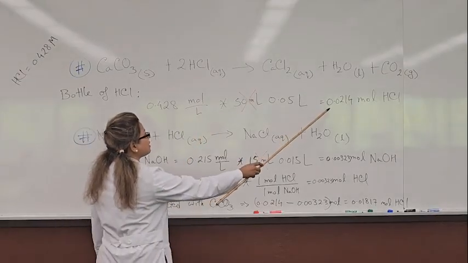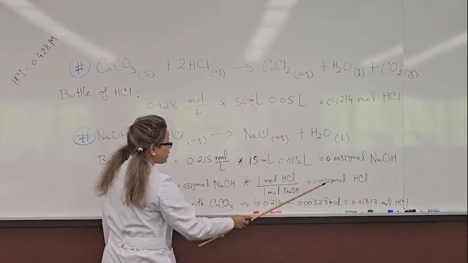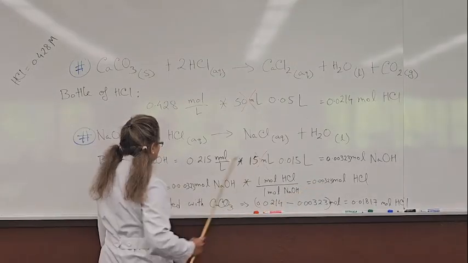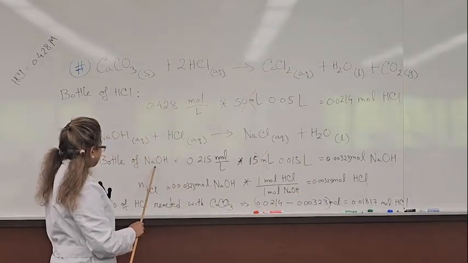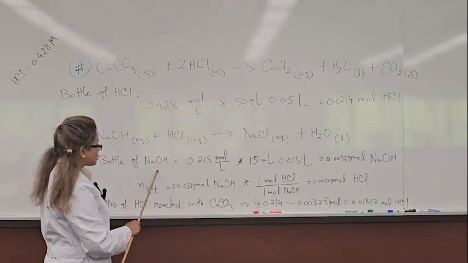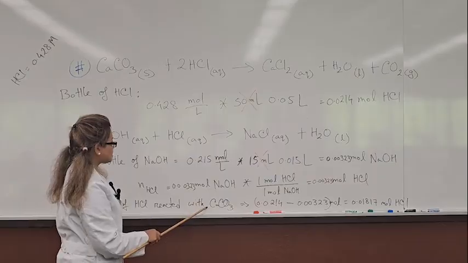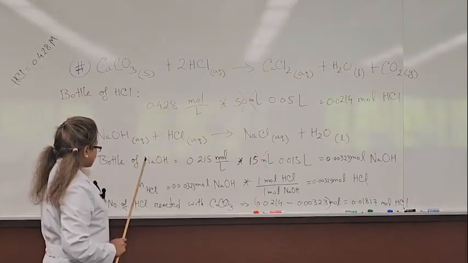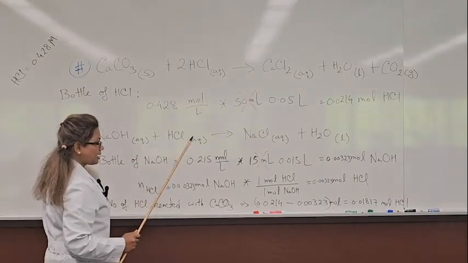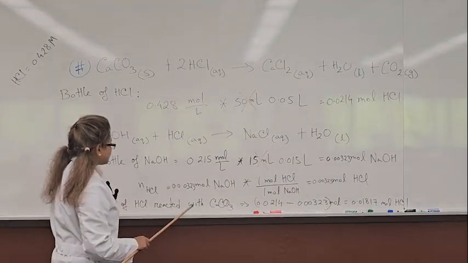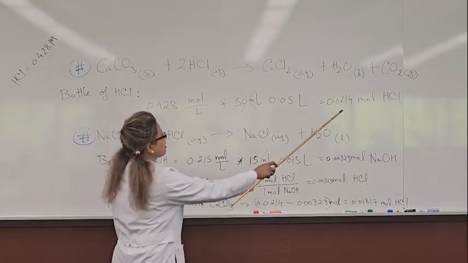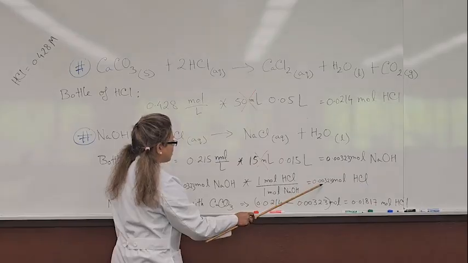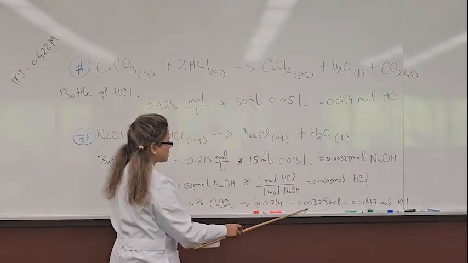If from the total I cancel out the moles of hydrochloric acid I used in my reaction with sodium hydroxide, then I can easily find how many moles of calcium carbonate I used in my first experiment, when I used my antacid. So the number of moles of hydrochloric acid reacted with calcium carbonate is the total minus the moles of hydrochloric acid used with sodium hydroxide, right?